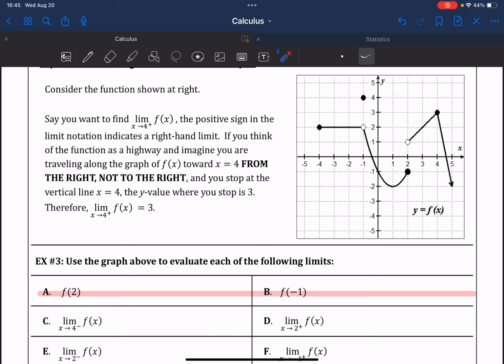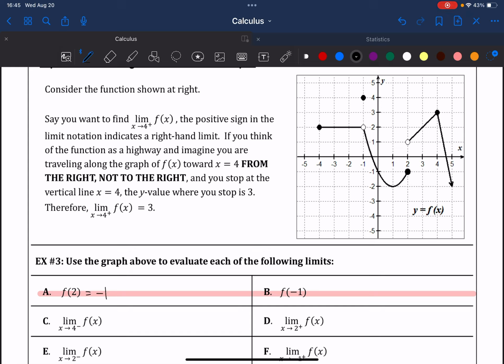So f of 2 means we go to the 2 on the x's and we see which of the y values correspond to that. Well, we can go up and meet a function, and we can also go down and meet a function, but the only one that matters is this one right here at y equals -1 because it's a closed dot. So this is equals -1.